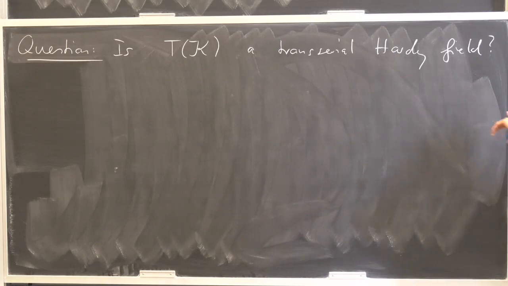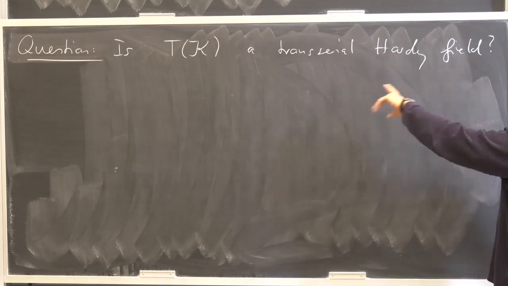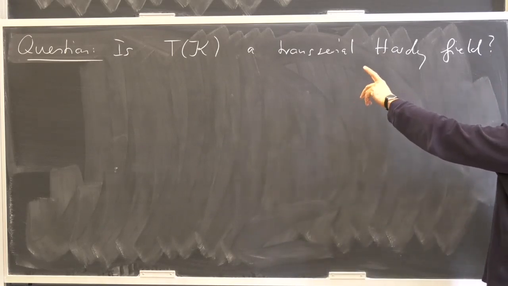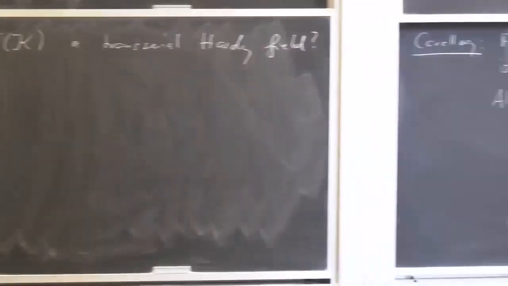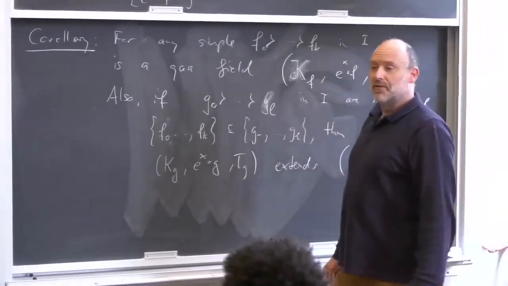So it's really the question of whether T of K is actually a transserial Hardy field. If you know that it is, you can apply his theorem, which says that you can always close a transserial Hardy field under exp and under integration and get another transserial Hardy field.